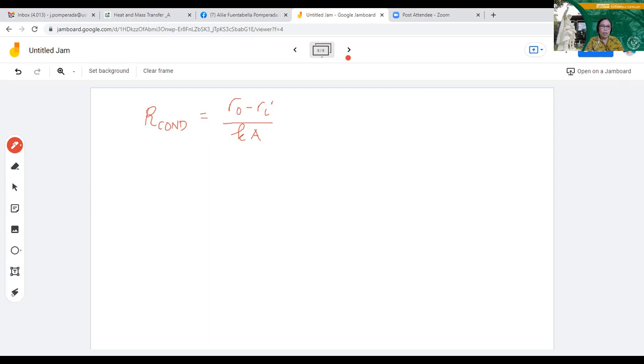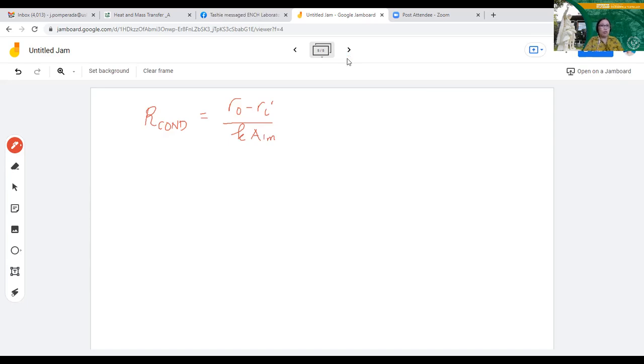Now, the area that is labeled in this formula, class, is LM. But this is not to be misunderstood as the log mean area, because the log mean area is labeled as A with a subscript ALM. If it's just LM, it's just the arithmetic mean of the formula for the area, not the log mean area.